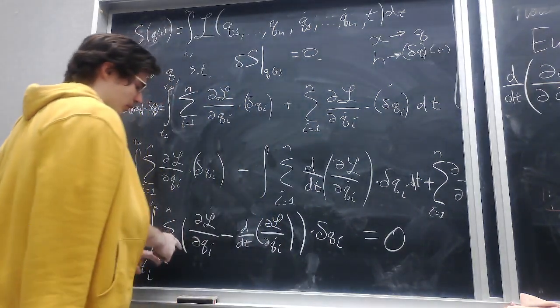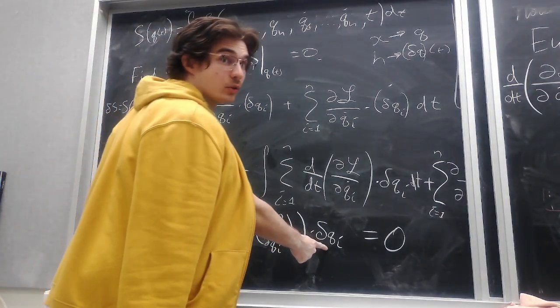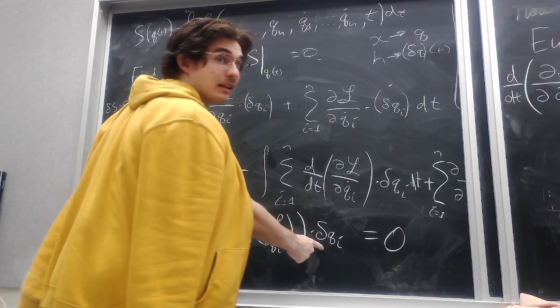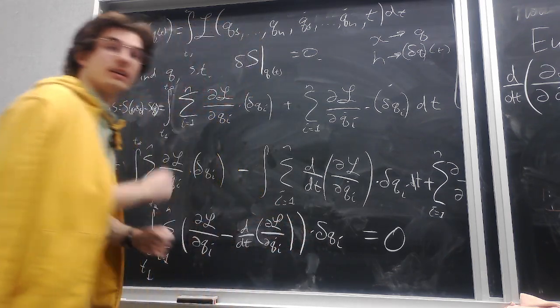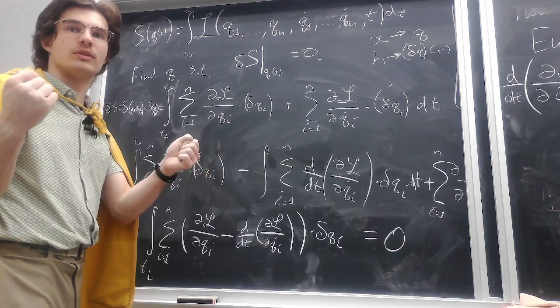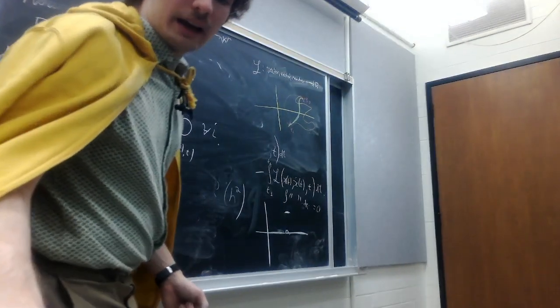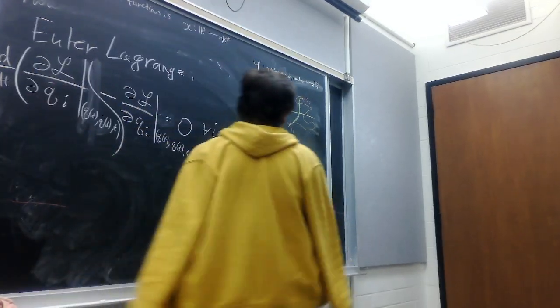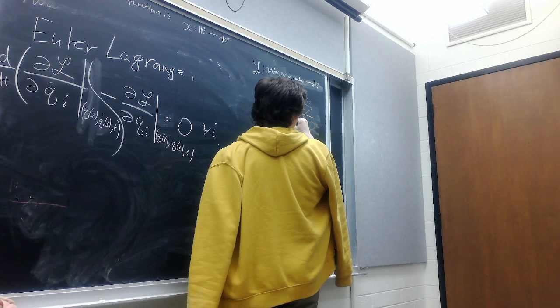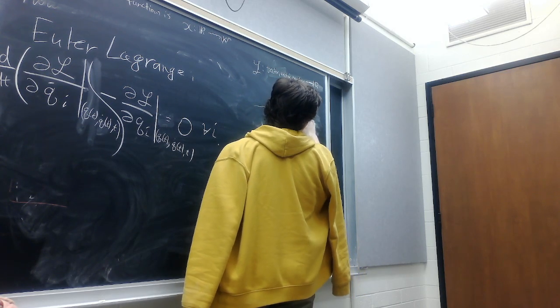Because the sum was 0, but I multiply each of these terms by a delta qi separately. Each of these delta qi's I can vary independently. Delta q1 is not at all related to delta q2. On this picture, I can choose a little variation where I give it a little bit of an x component, or I could choose a variation where I give it a little bit of a y component instead.